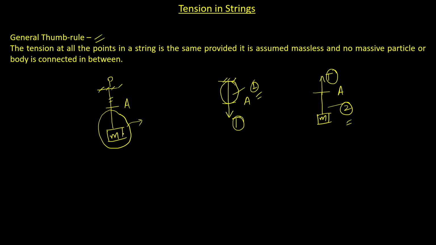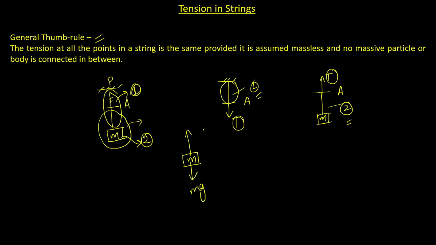Now consider this small m: how much force is acting on this small mass m? So first of all, I'm considering the small mass m as the system. This small mass m has a gravitational force in the downward direction, small mg, and t dash in the upward direction.